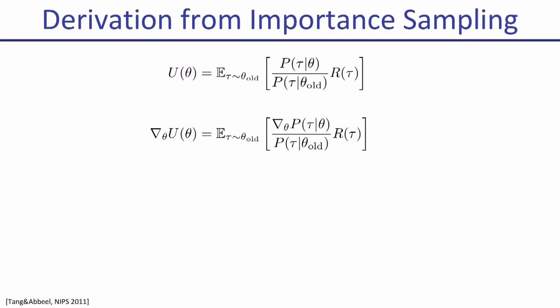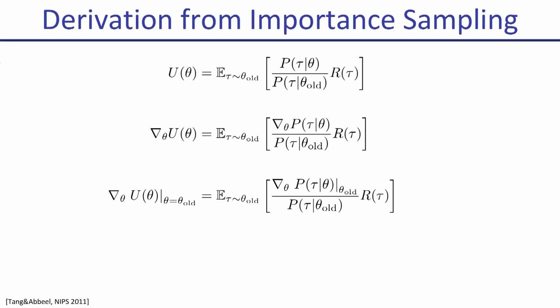So what we can then do is take the gradient of this quantity. The gradient of an expectation is the expectation of the gradient under some mild assumptions. Then we can reformat this a little bit again, and evaluate it at theta old. This quantity turns out to be the same as what we had before. So what we did here is effectively a finite perturbation.